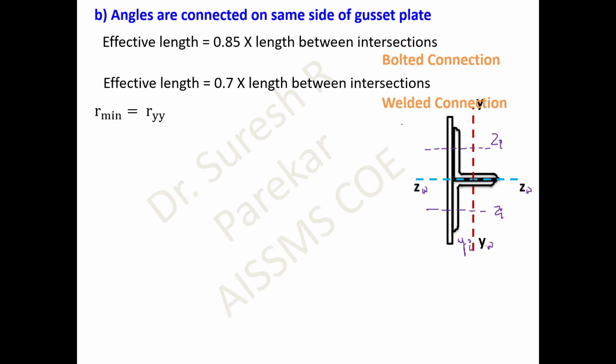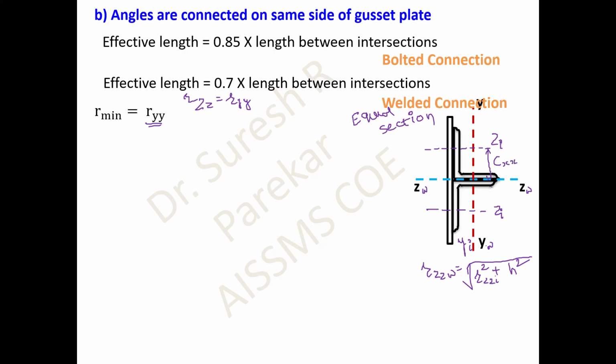Again I am mentioning, for equal angle section we have y individual equal to y whole, and for equal section rzz is equal to ryy, and therefore we have ryy as it is, because rzz whole section you have to calculate again by using the same formula, rzz individual square plus h square. In this case we have only this value which we will call cxx.